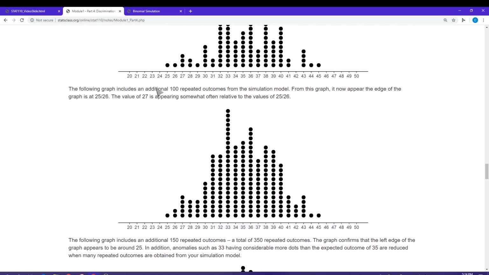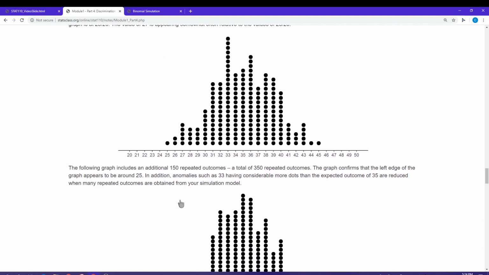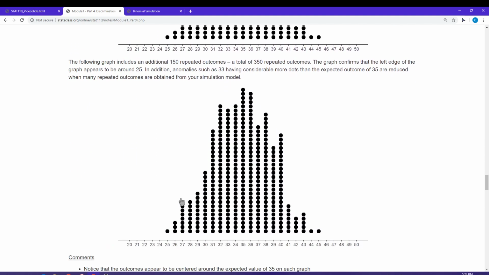Here it looks like I added another 100 repeated outcomes. So this picture, I believe, has 200 dots on it. And again, it looks like maybe 24, 25 is kind of where that edge is at. Here I'm up to 350 outcomes.